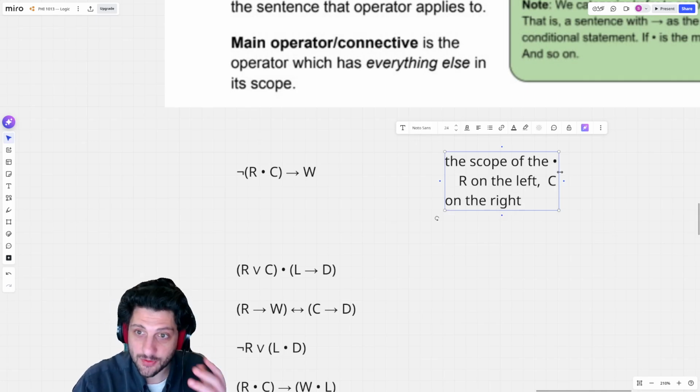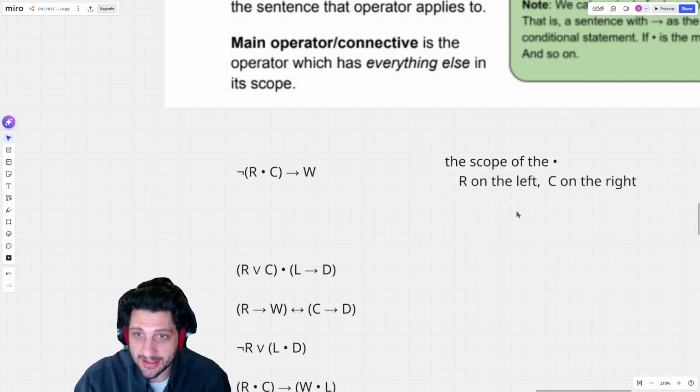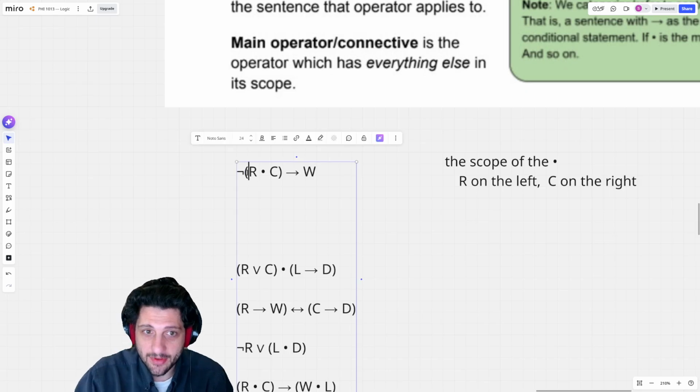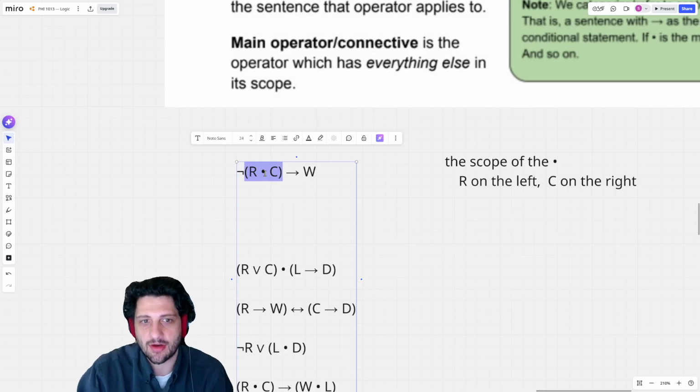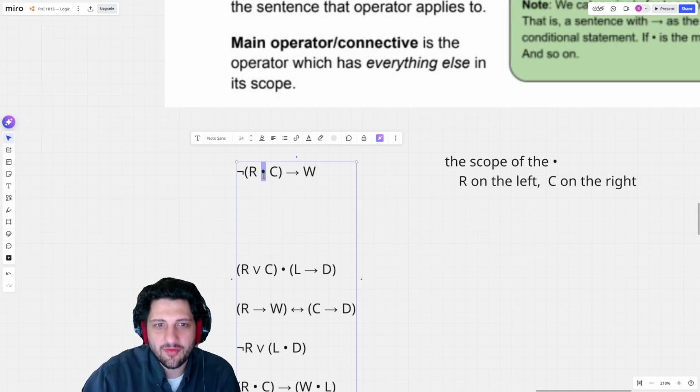That's what that and essentially sees. That's what this statement is. It's this little sub-statement in here, the statement R is true and C is true together. So the scope of this and is just its own left side and just its own right side.